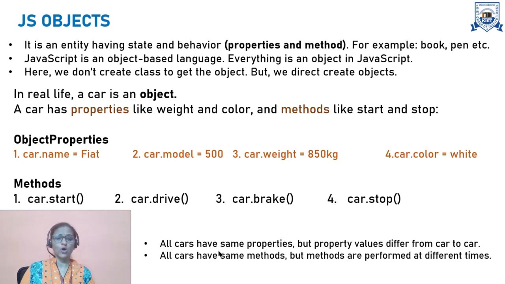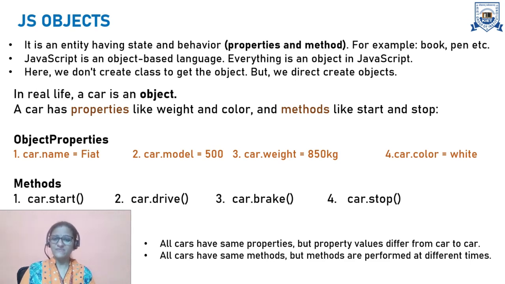So we can say all cars have the same properties, but their values differ. All cars are doing some behavior, but the methods are performed at different times. It depends on when they will behave. Properties are the same, but the values can be different. The color of the car can be different, but color is the property.